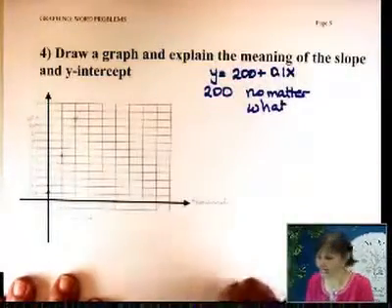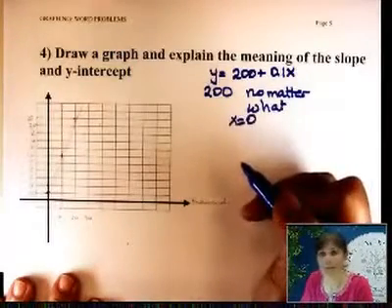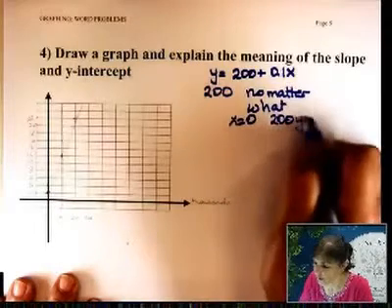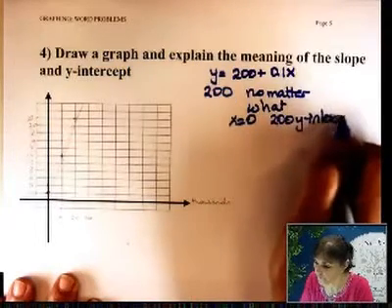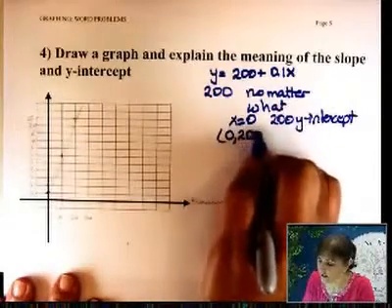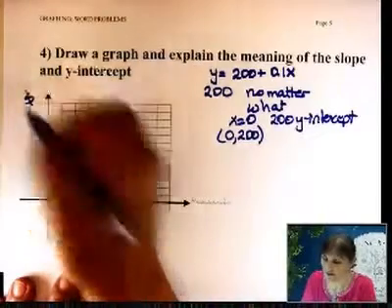So if he sold nothing, he would make $200. Does that remind you of anything? That's your y-intercept. Okay? 0, 200.